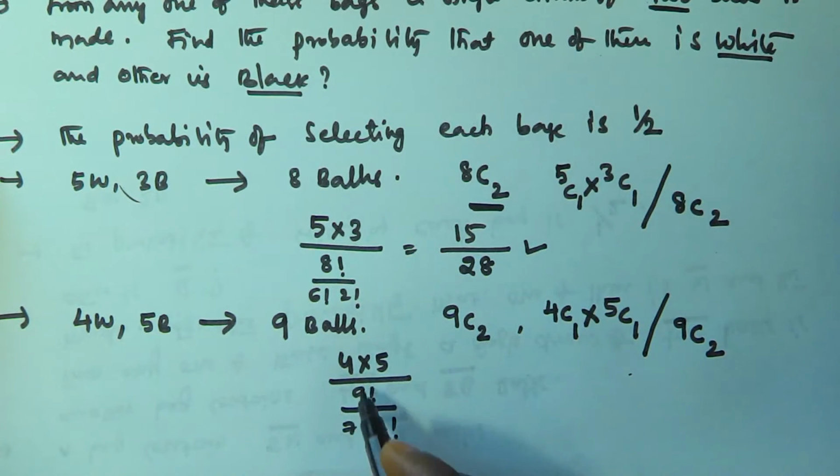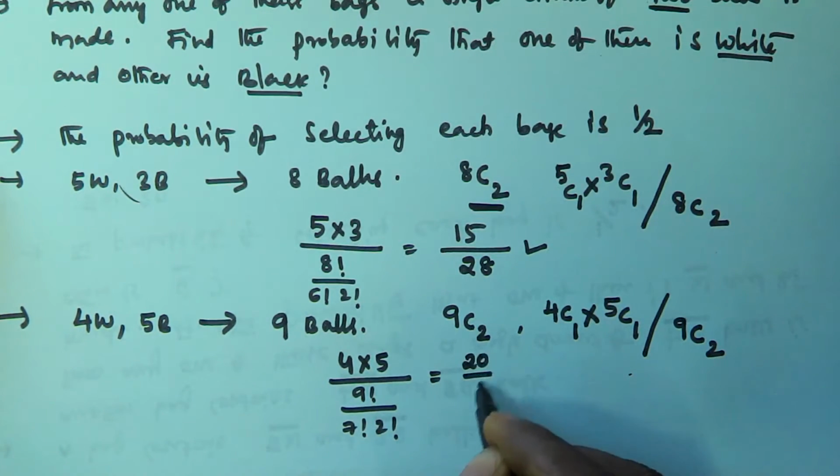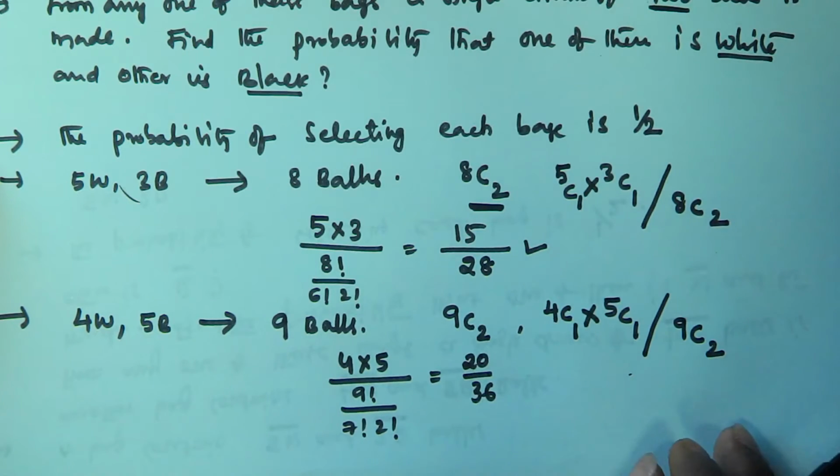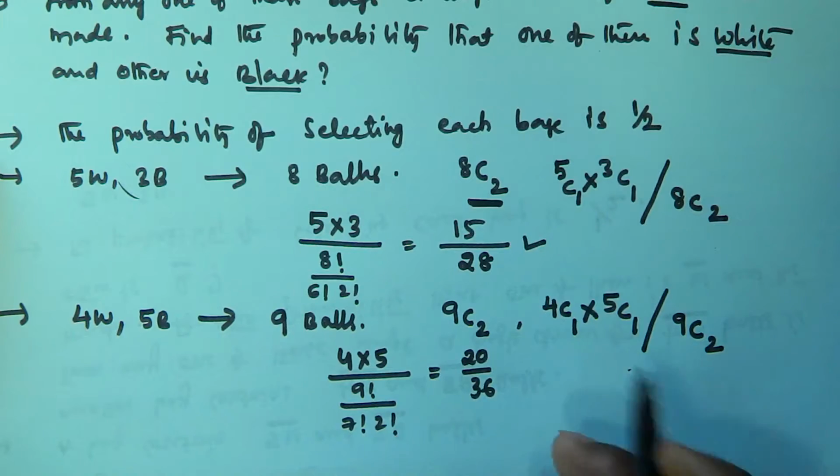Here 7 factorial cancels, and we are left with 8 into 9. 2 fours are 8, so 9 into 4 is 36. 4 fives are 20, so 20 by 36. So either we are selecting this bag, or we are selecting that bag.